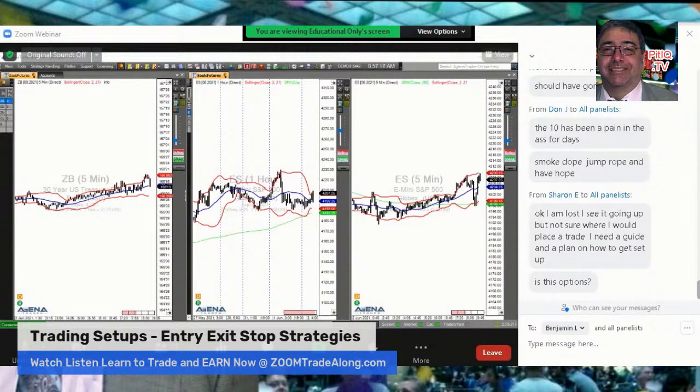Usually they put on these fancy spreads, butterflies, condors, eagles, alligators, different names for them. But those are options. It's an options market. But we trade futures.